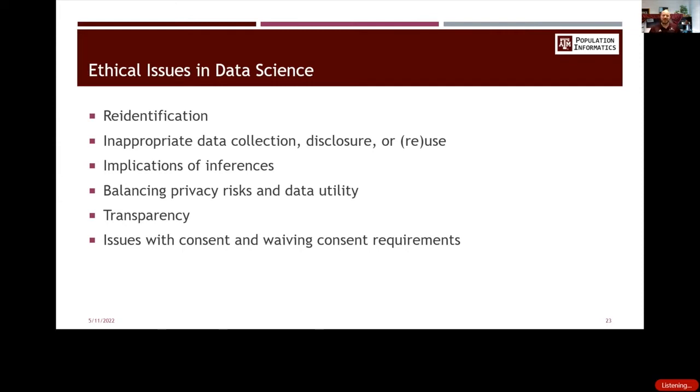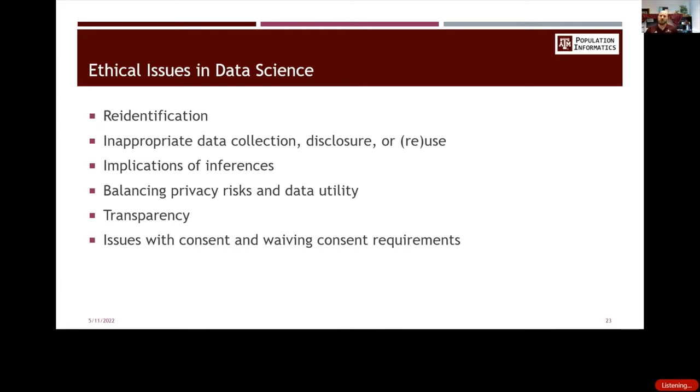Communicating that and being transparent with your work is pretty important. People don't want to be surprised that the information they've shared for one purpose is being used for something entirely unexpected.